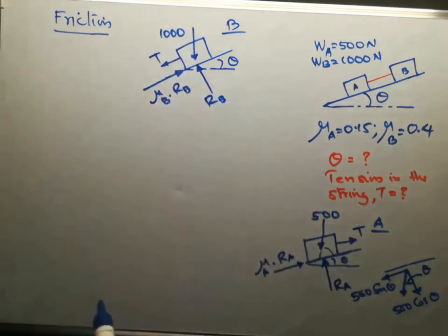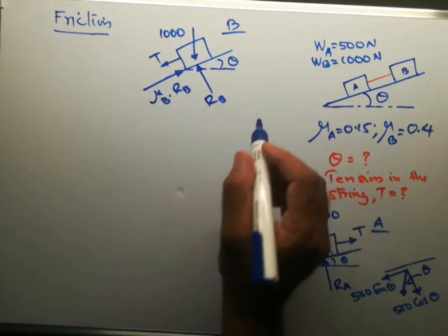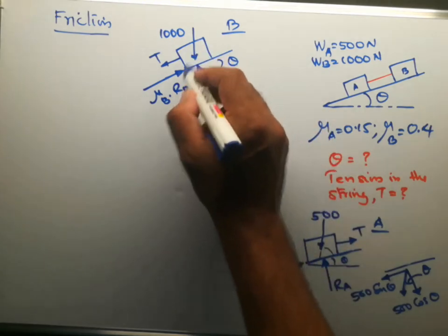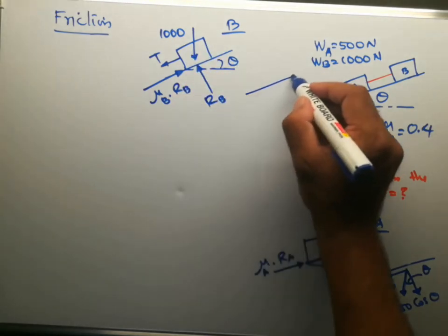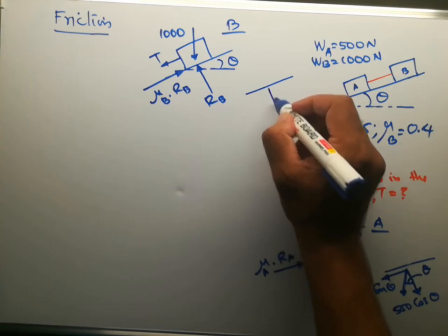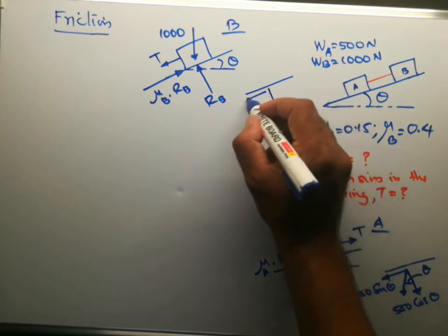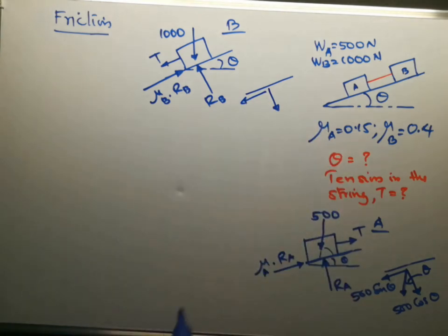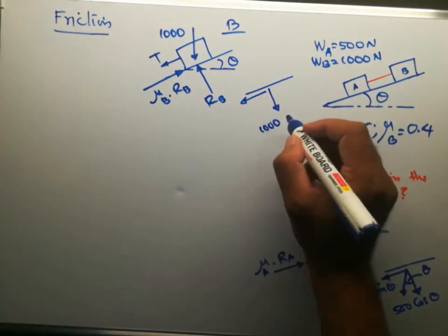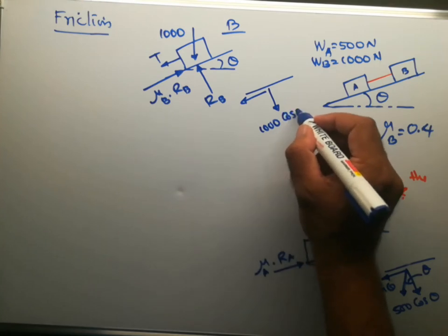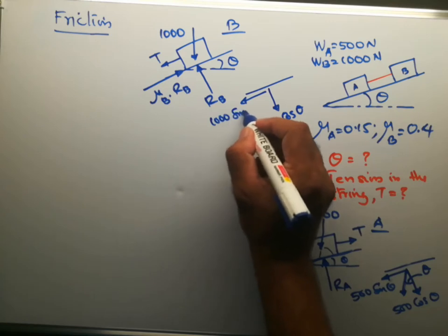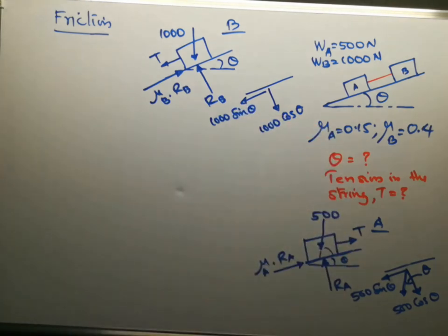Similarly for block B also, the weight is acting in this direction, so it will have two components, one in the perpendicular direction to the plane, that is 1000 cos theta, and along the plane, this will be 1000 sin theta.